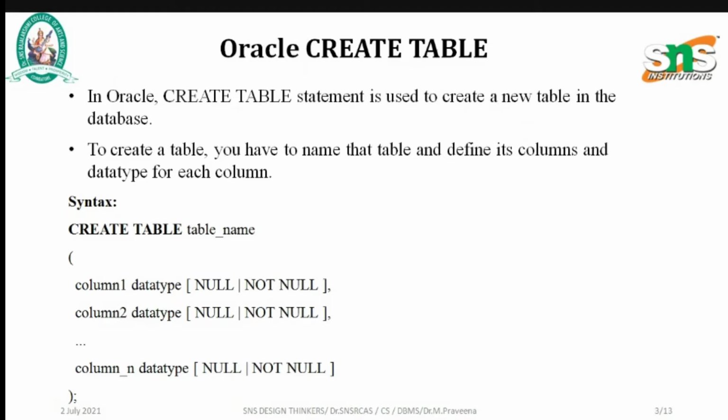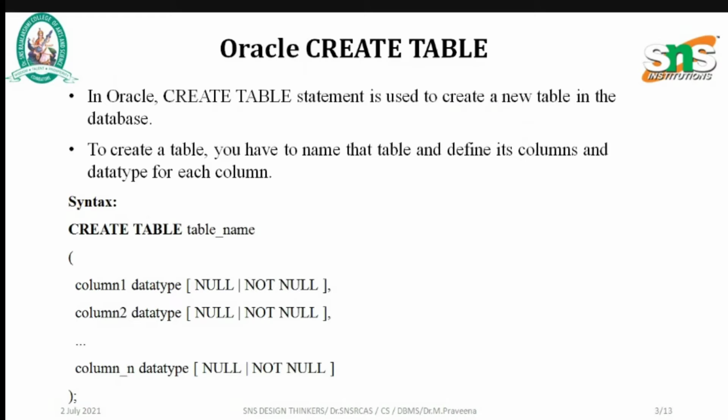So to see the syntax: create table, table name, and within the brackets we have to give the columns, how many columns we need to add in a table and what type of data we are going to give. And then we have to specify null or not null.